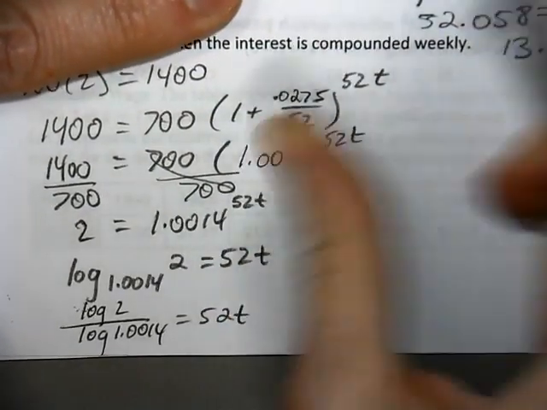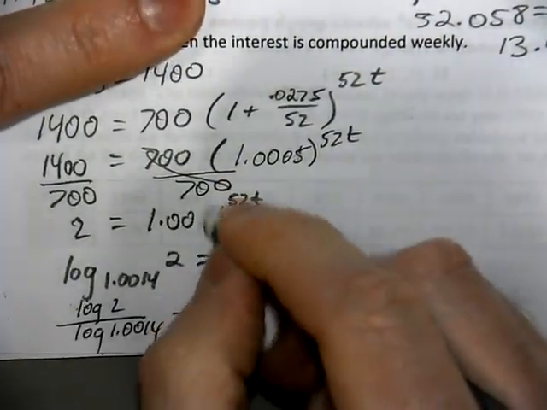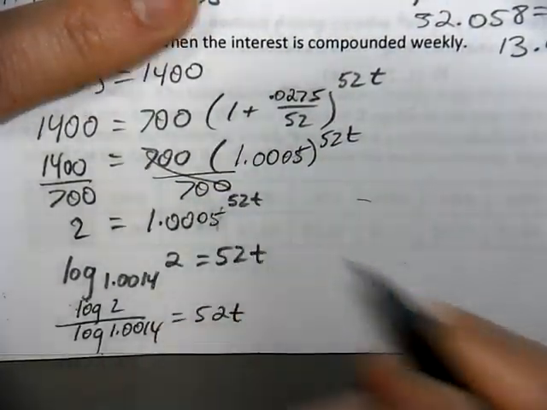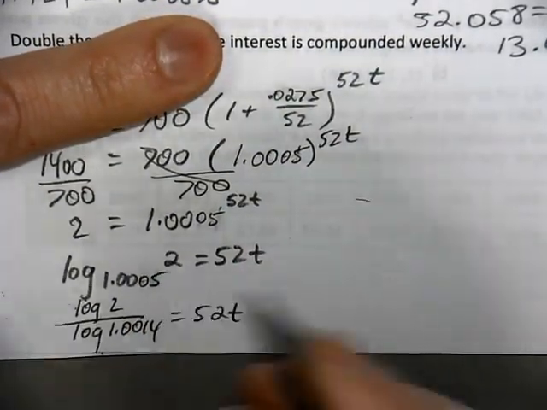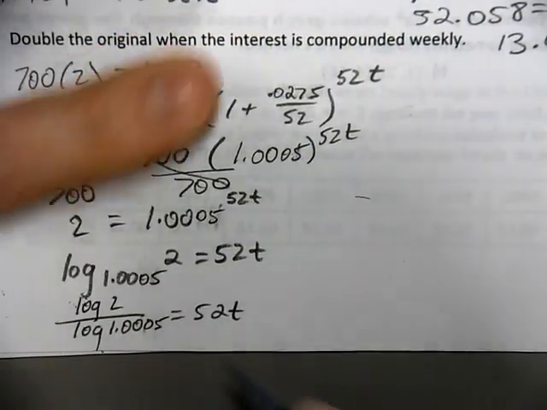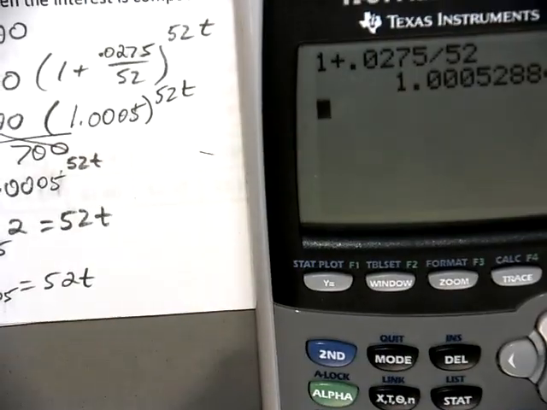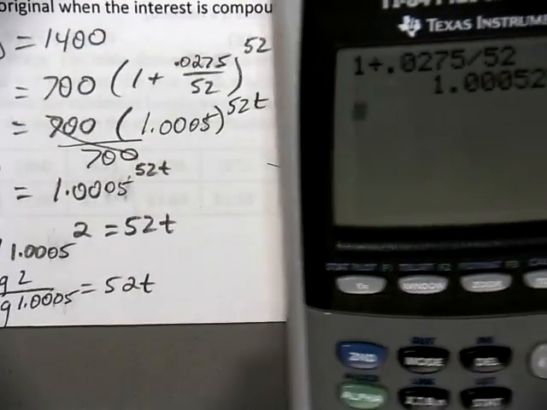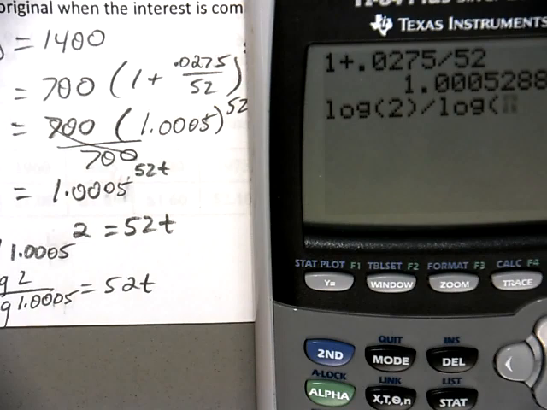That would have been a little bit different here. That's why it's important to plug in the real number, not some rounded value. Be sure you plug in the right number. Okay. So now we're going to do log of 2 divided by log of this answer.